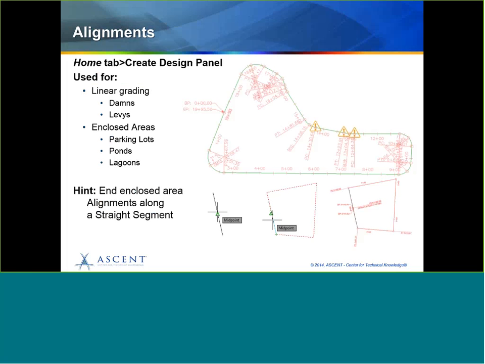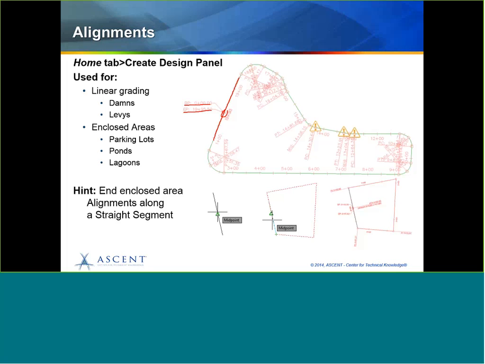So one thing you need to do is make sure that the endpoints of the enclosed areas are along a straight segment. Here's an alignment that I'm going to be using for a grading object. And my beginning station is at the same location as my ending station, and they're both along a straight line, so that the bearing is equal on each side.